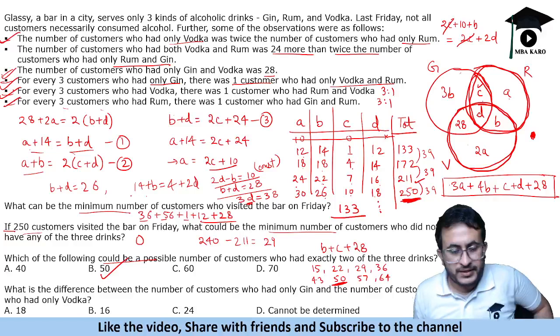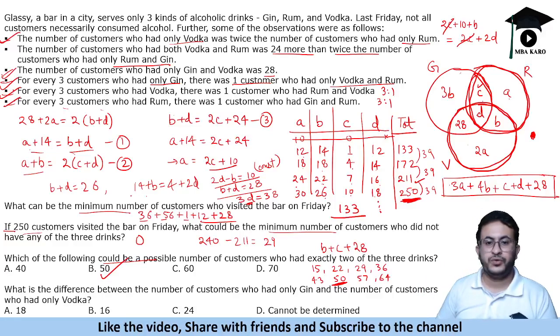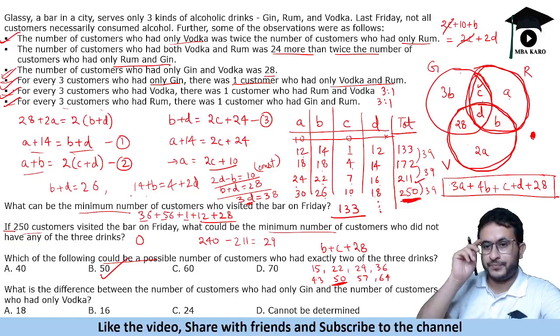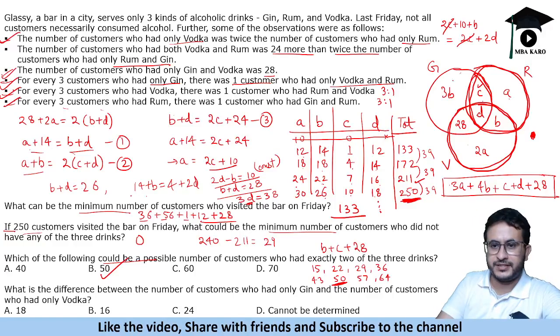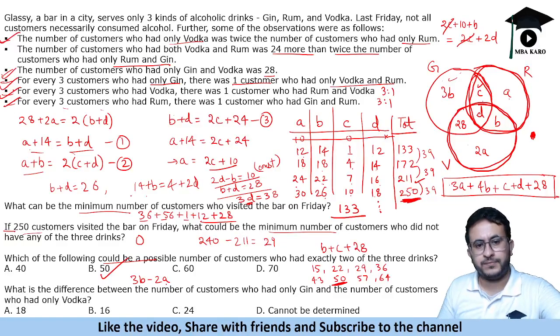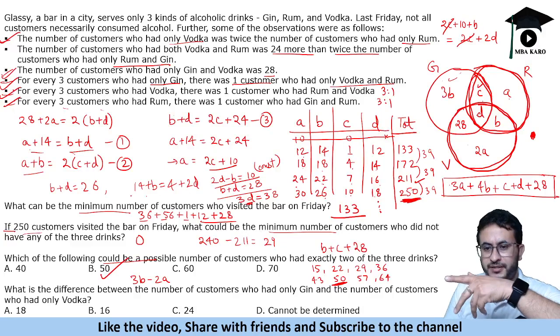Okay. Then the next question says, what is the difference between the number of customers who had only gin and the number of customers who had only vodka? Okay, so only gin is 3B, right? And only vodka is 2A. So we need to find 3B minus 2A, right? Now, one might think that the answer cannot be determined, right?